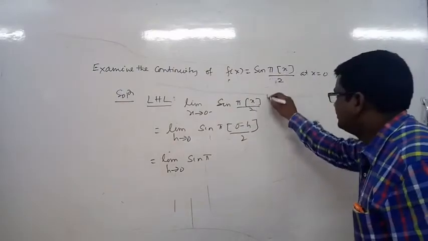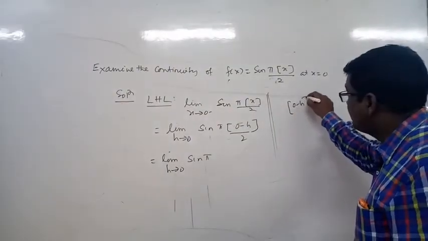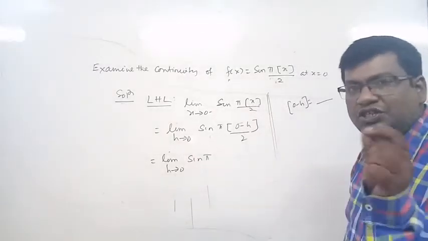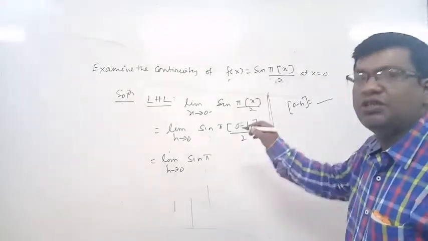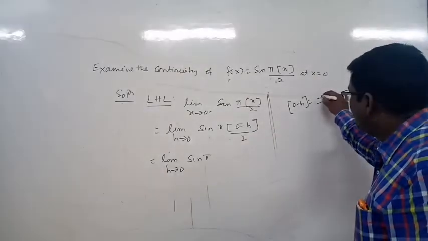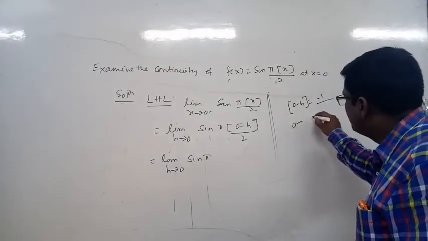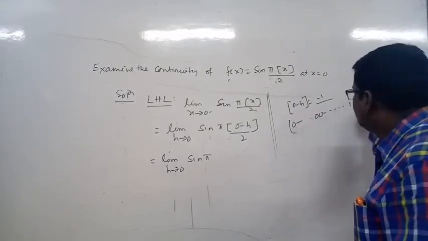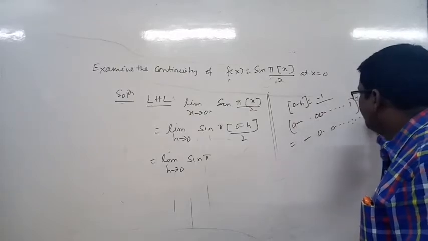Pay attention please. Bracketed 0 minus h is equal to what? Bracketed 0 minus h means 0 minus something, which is equal to minus 0 point something. This is equal to minus 1. Clear? Suppose 0 point 1, this is equal to minus 0 point 1.